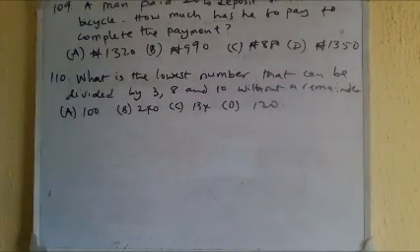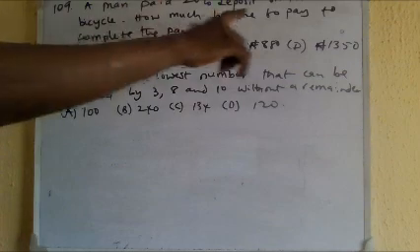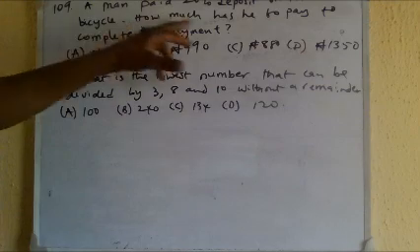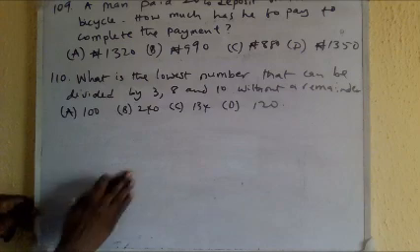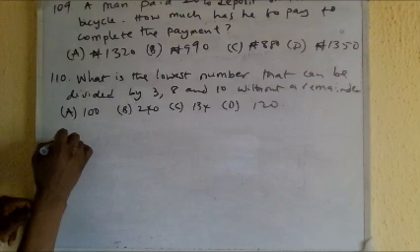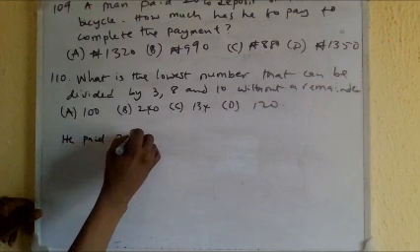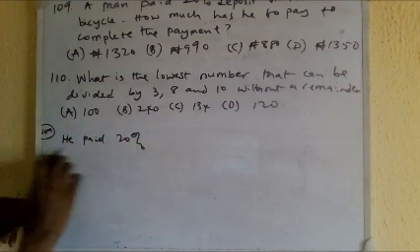Okay, so we have two questions on the board. It says a man pays 20% deposit on a 1,100 naira bicycle. How much has he to pay to complete the payment? So out of 100%, he paid 20%.